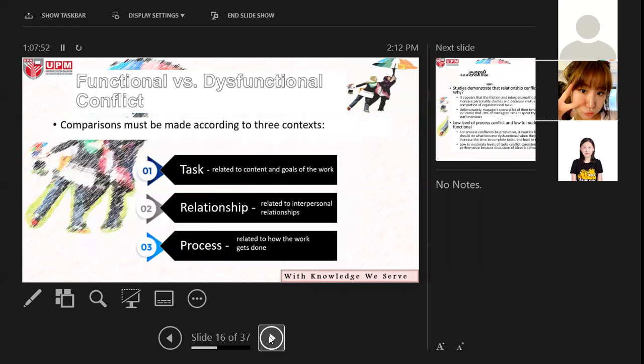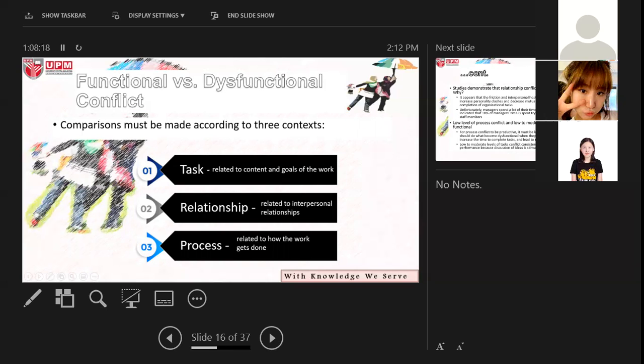Okay, next one, functional versus dysfunctional conflict as stated by the interactionist view. Interactionist is the latest view. So when we want to identify whether the conflict is functional or dysfunctional, we make a comparison according to three contexts: task, relationship, and process.